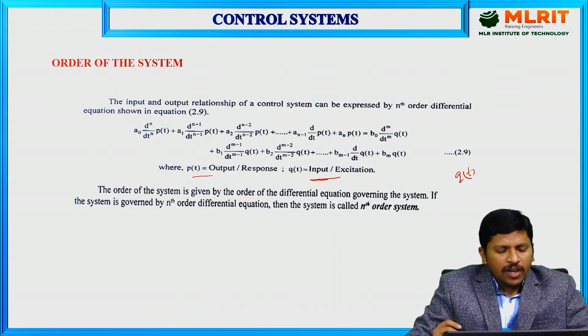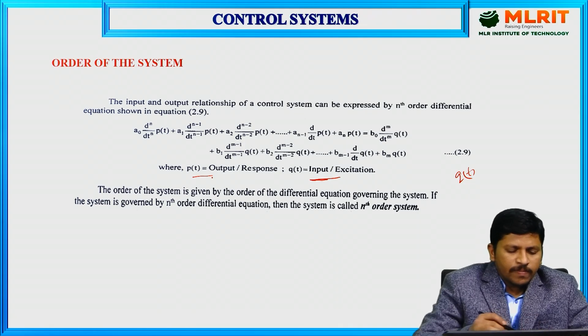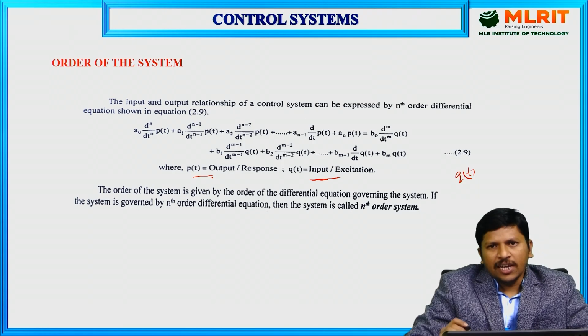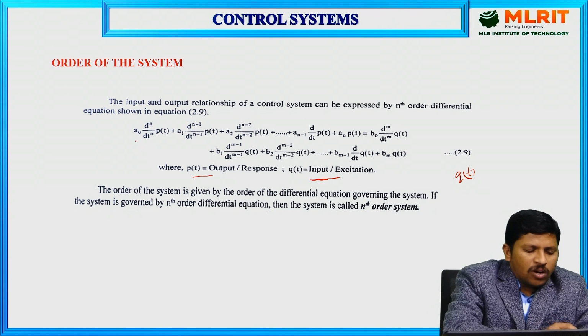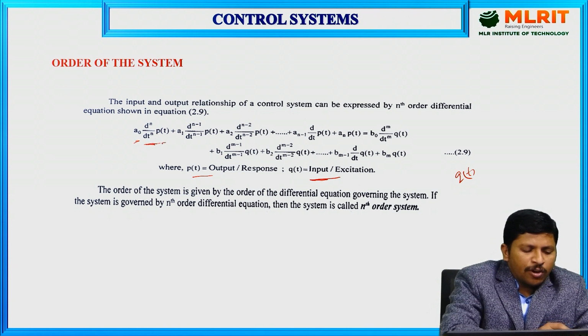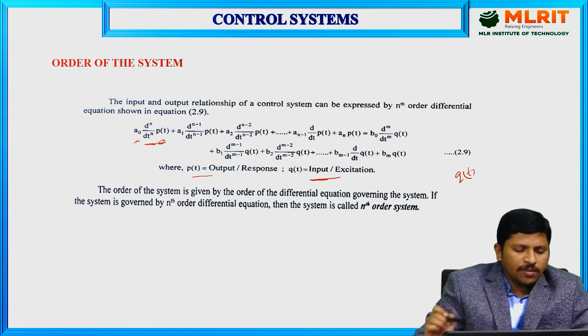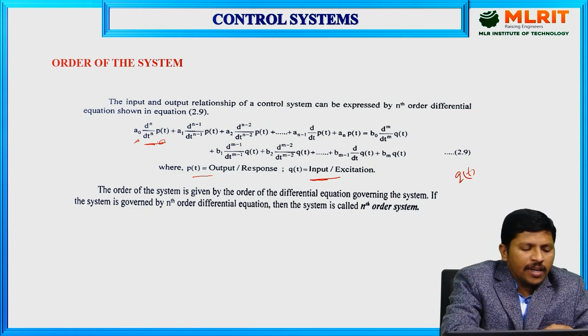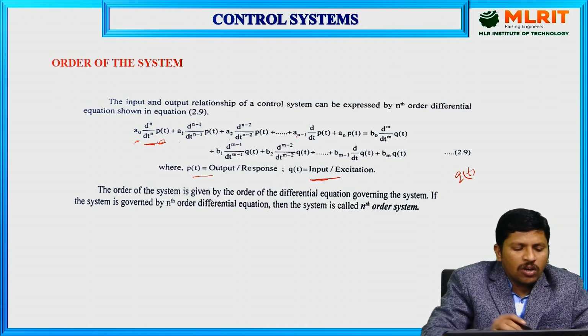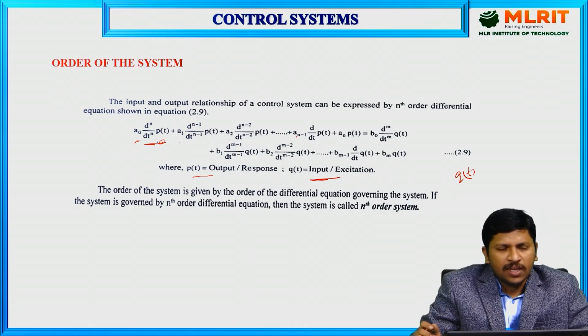Now I am going to consider one differential equation, that is the nth order differential equation. Here, a naught d power of n by dt power of n of p of t, where p of t is the output or response of the system, and a naught, a1, a2 and so on are the coefficients of the differential equation.